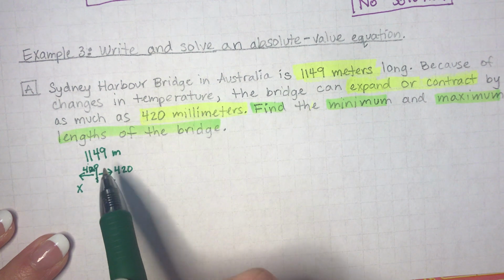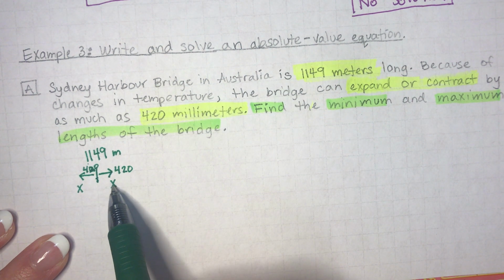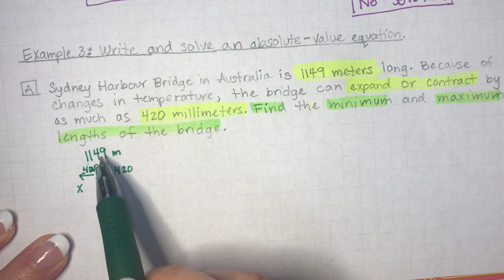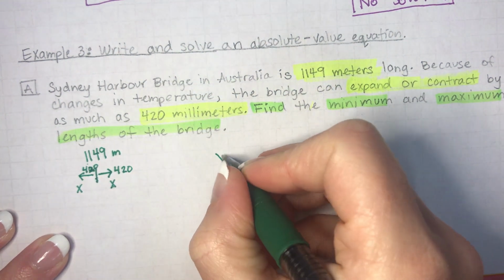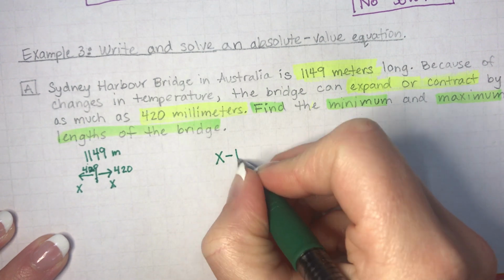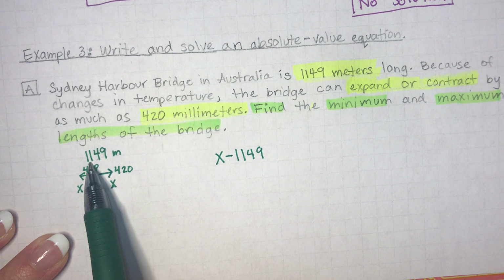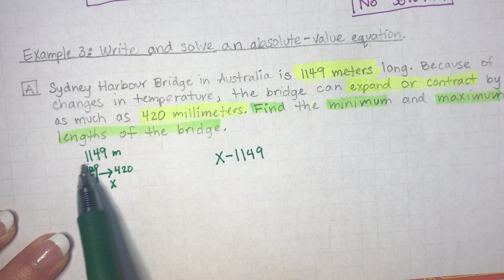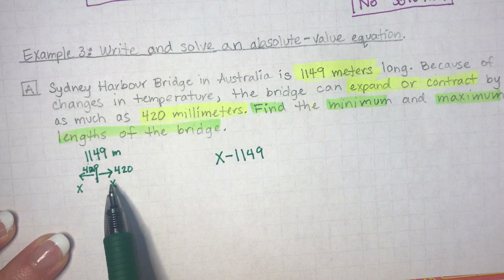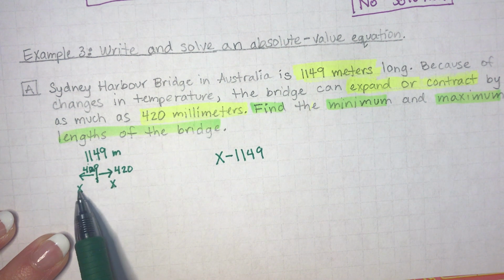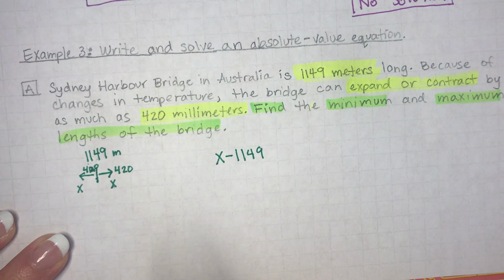So what we need to know is the difference between these two numbers, right? So we're going to be looking at the difference: x minus 1,149, what the amount is supposed to be. It's supposed to be this amount, but it expands and becomes this max, or it contracts and becomes this min, which is our variable, right?